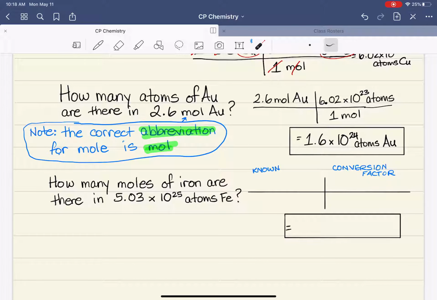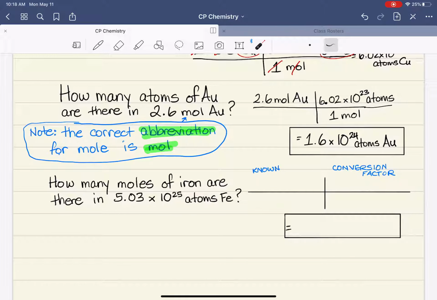And we get to use that as many times as we want to change what our initial value is. So in our known position, we have 2.6 moles of gold, and we are going to multiply it by this conversion factor, 6.02 times 10 to the 23rd atoms over 1 mole. That's because 1 mole is equal to 6.02 times 10 to the 23rd atoms. Therefore, this fraction is equal to 1.